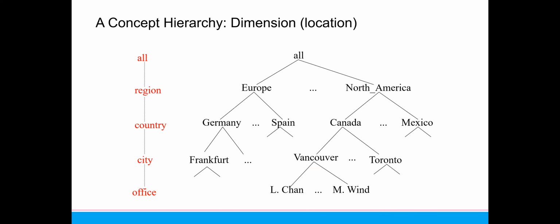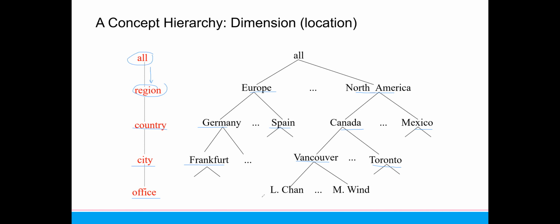So the concept hierarchy, okay. The concept hierarchy is like this one. When you have the location, you can have all region, and then maybe the continent, Europe or North America, and then you can mention the country, Germany, Spain, Canada, Mexico, and then you can mention the city, maybe Frankfurt, or in Canada, Vancouver, Toronto, and the office.